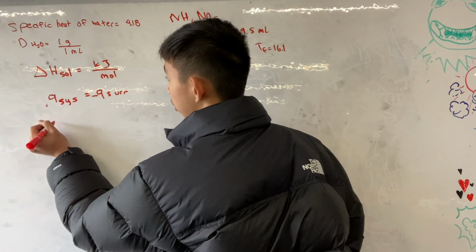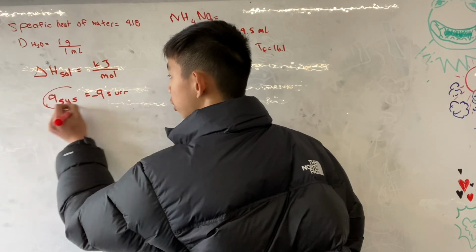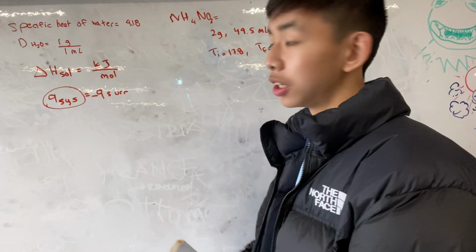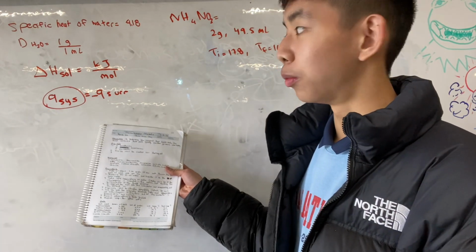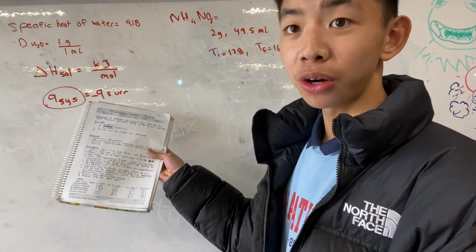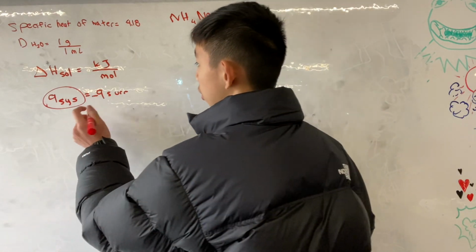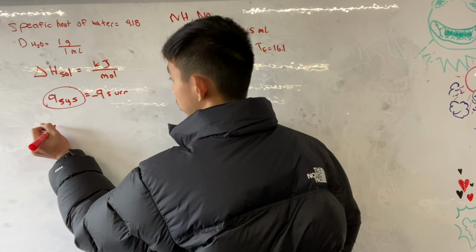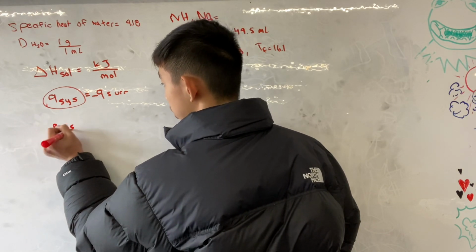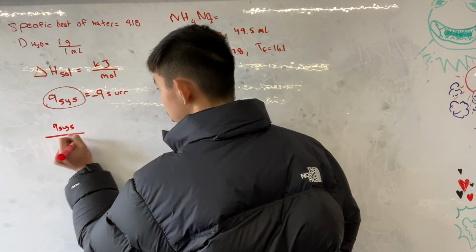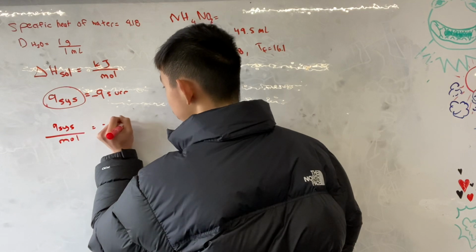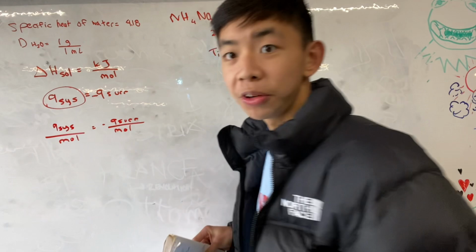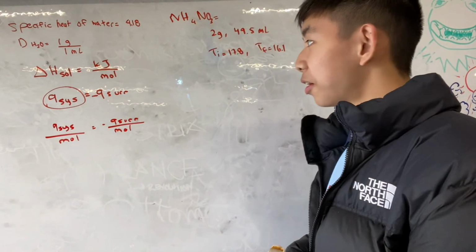What you want to find is Q system, basically, because that's a salt, and you want to find the molar heat of each salt. So, since it's over moles, you rewrite it as Q system over moles equals negative Q surroundings over moles, right? Hopefully you guys are still tracking.